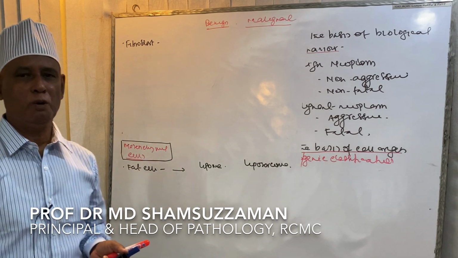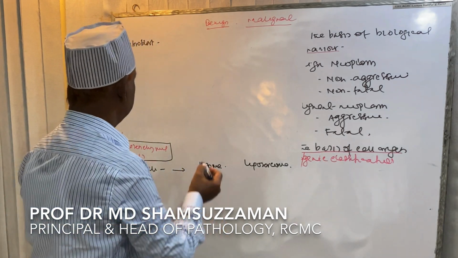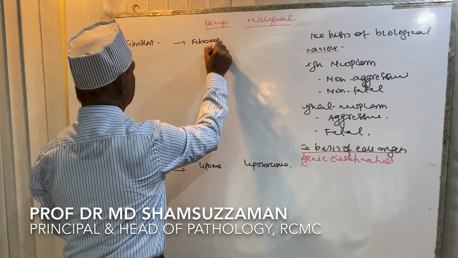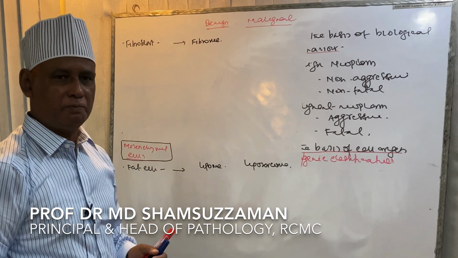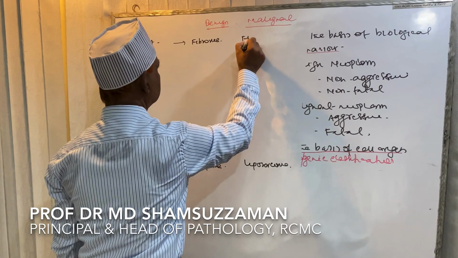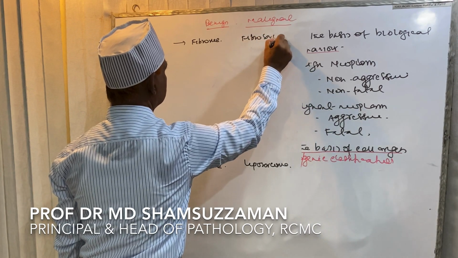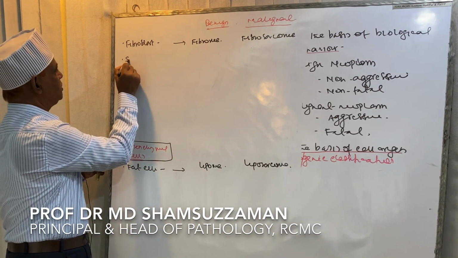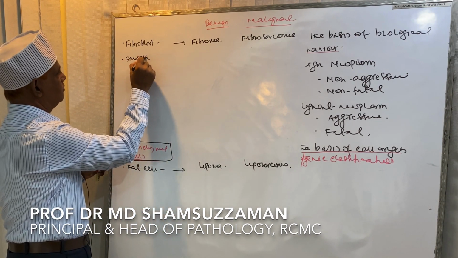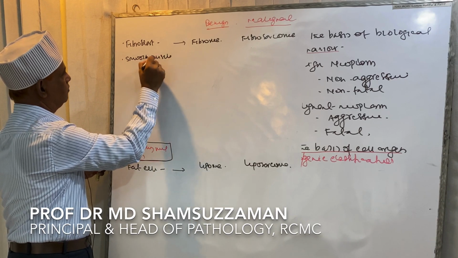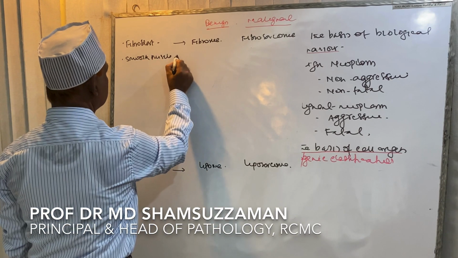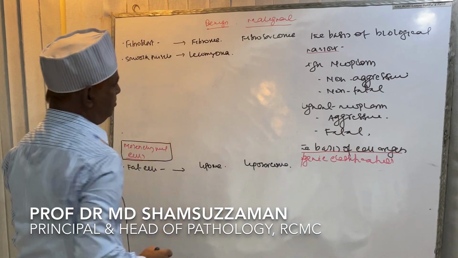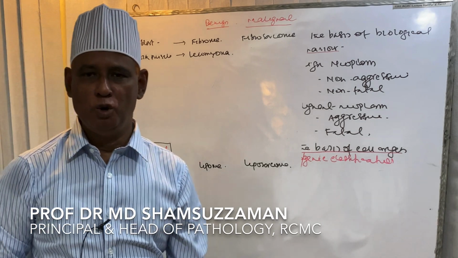The benign tumor of fibroblast is called fibroma. And malignant tumor of fibroblast is called fibrosarcoma. Smooth muscle. The benign tumor of smooth muscle is called leiomyoma. And malignant tumor of smooth muscle is leiomyosarcoma.